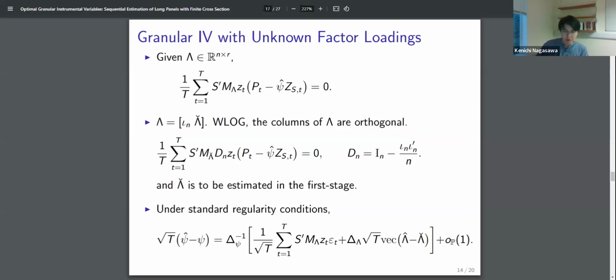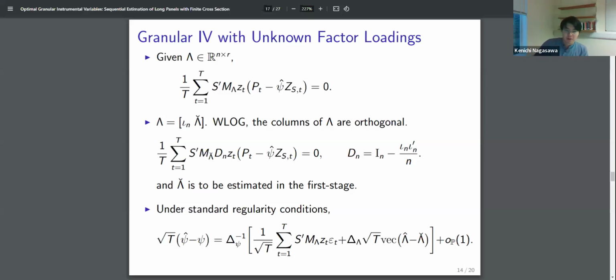Once we make the columns of lambda orthogonal, I can rewrite this sample moment condition in the second equation, where I first orthogonalize the disaggregated variable z to the orthogonal complement of this vector of ones, which is done by this demean matrix D_N. Then I can do the projection onto the orthogonal complement for the remaining columns of lambda, which is represented by M lambda check.